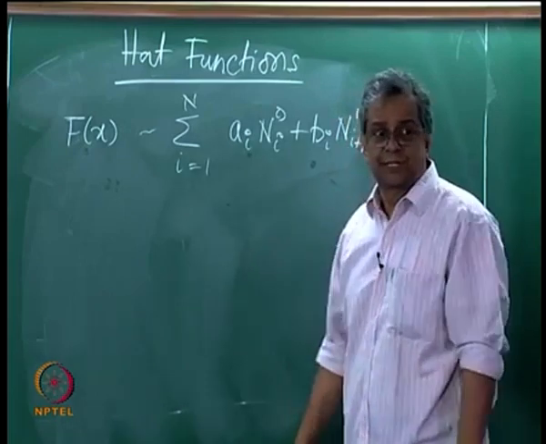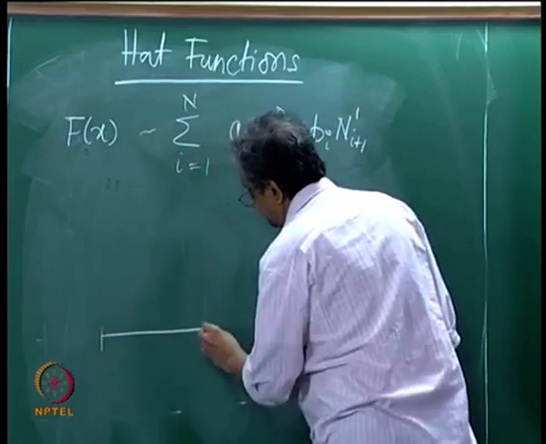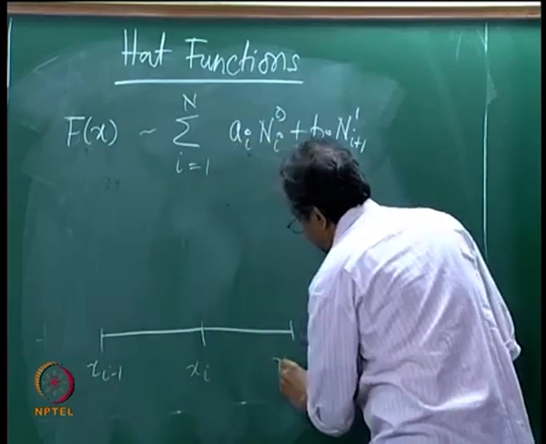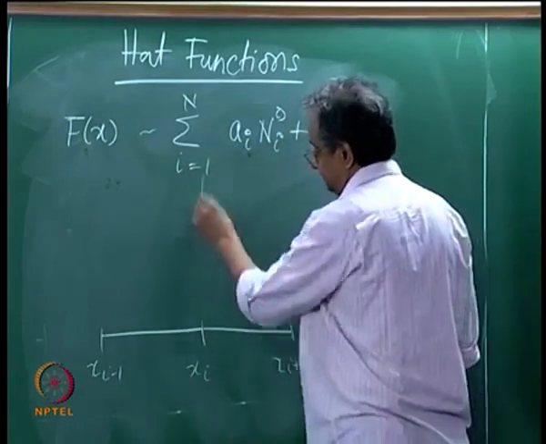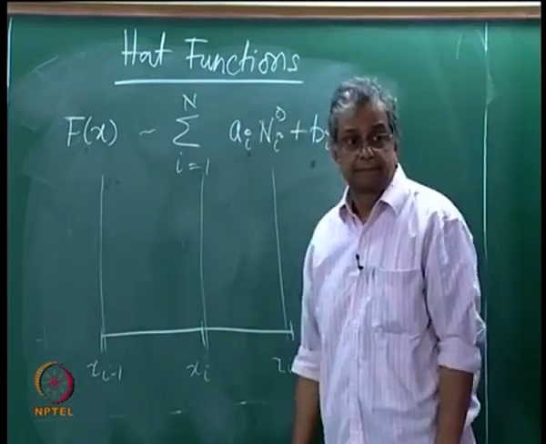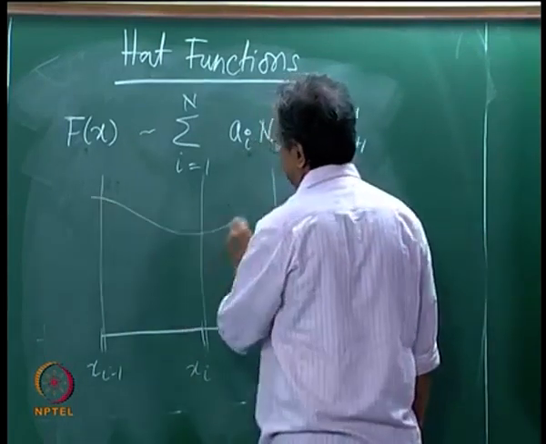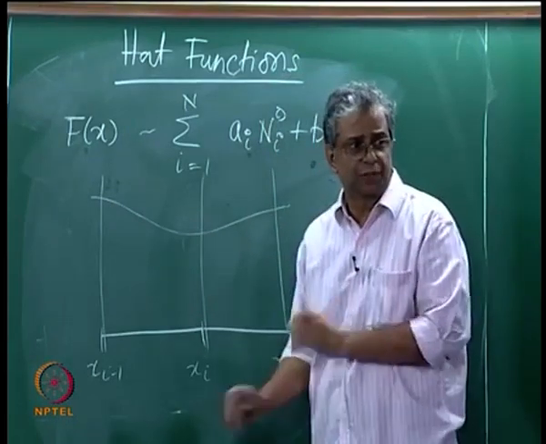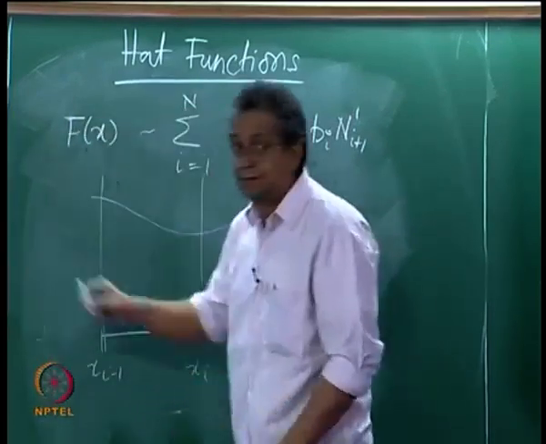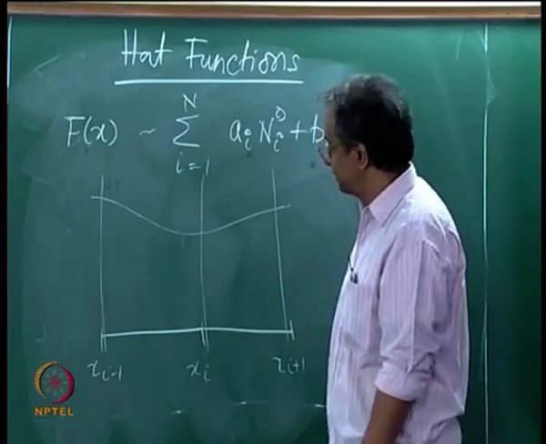Okay. Let us take 2 intervals and see what happens. So this is xi minus 1, xi, xi plus 1. Okay. So I have some function, and I want to represent this function using my newly developed linear interpolants.